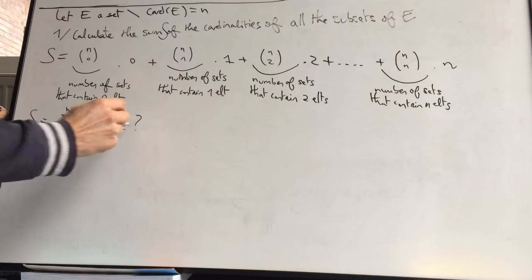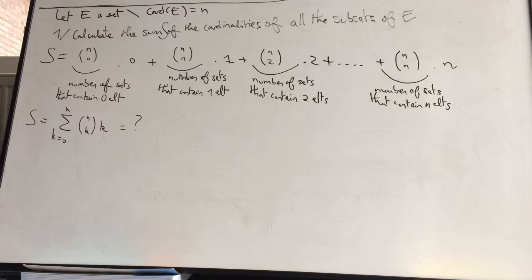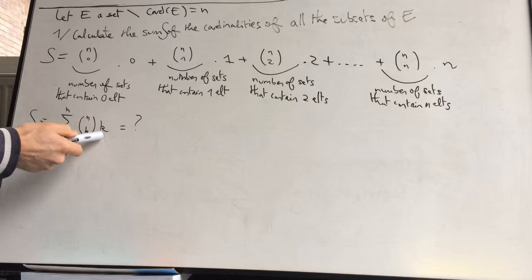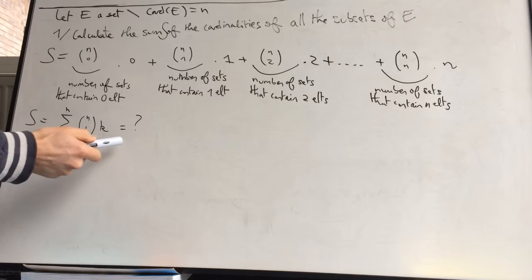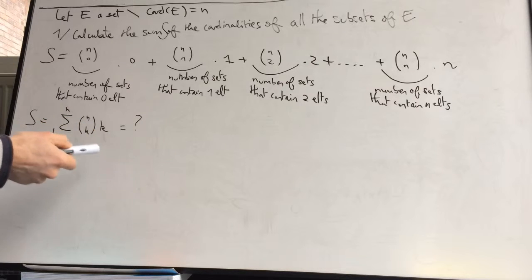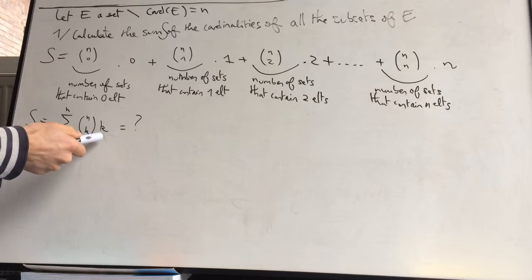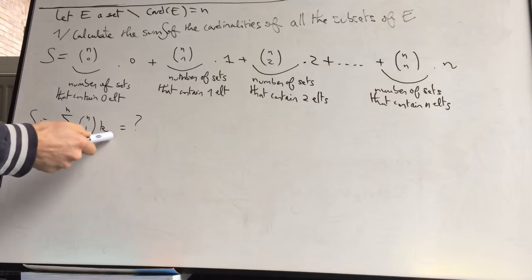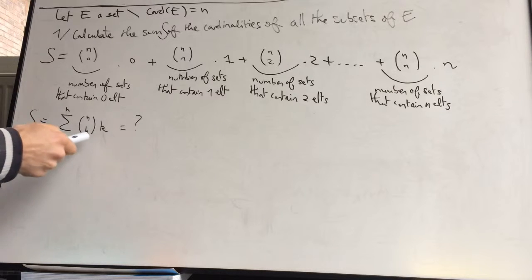And to simplify this expression, I'm going to make k disappear, because I would like to show up the binomial theorem. So I would like to transform this expression to show up a binomial coefficient.